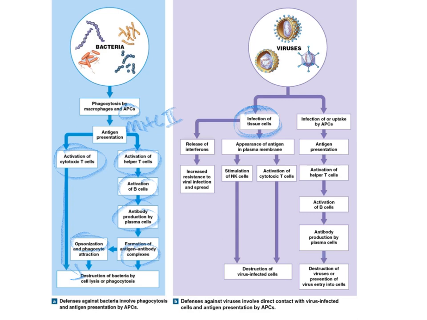There are some cytokines that are released, and that's going to have an effect. But what's going to happen is you're going to get appearance of those antigens in the plasma membrane, right? And two things can happen. Natural killer cells can see that foreign antigen and will just destroy the cell. We talked about that in the innate system. Or activated cytotoxic T cells will see that foreign antigen on the normal cell surface, and will also destroy it.